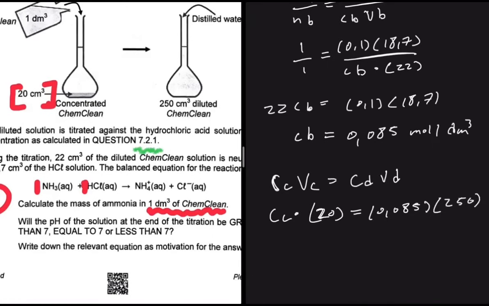It should be quite obvious what we're supposed to do now. We're going to divide both sides by 20. And if we do that, the concentration of the concentrated will be equal to 1.0625 moles per decimeter cube.